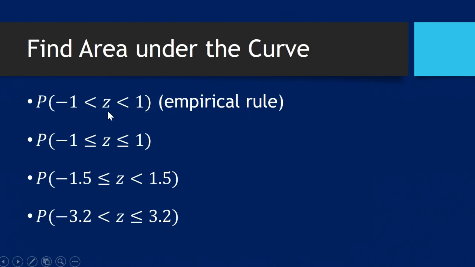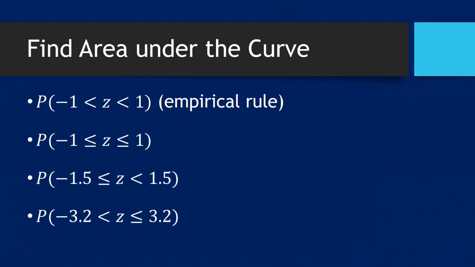It was stating, well, what's the probability that we're within 1 standard deviation of the mean? Since we're using z-scores or z-values, a z-value of -1 means 1 standard deviation to the left of the mean. 1 standard deviation to the right of the mean is a positive 1 as a z-value.